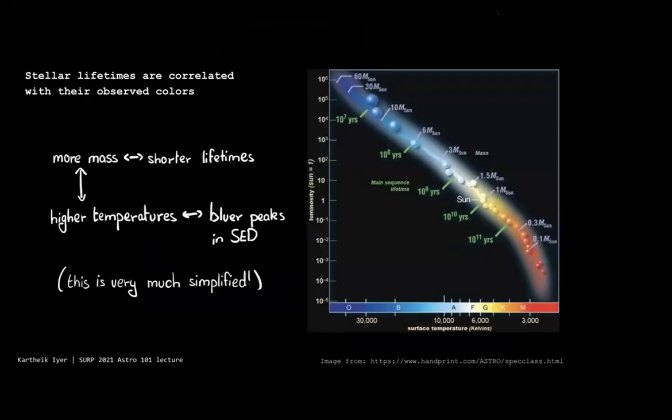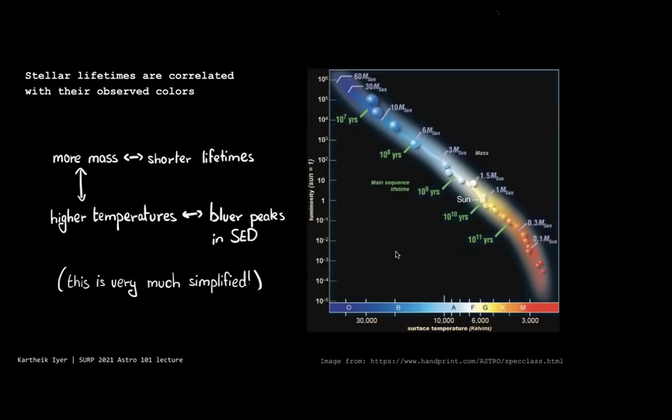Something that's hotter tends to burn through its fuel faster and be shorter lived. And something that's dimmer tends to take a lot more time to burn through its fuel and be much longer lived. And if you extend this, something that's hotter is shorter lived, but also peaks in its spectrum at bluer wavelengths, so higher energies, because it's burning hotter. And then something that's longer lived tends to peak at the redder end of the spectrum.